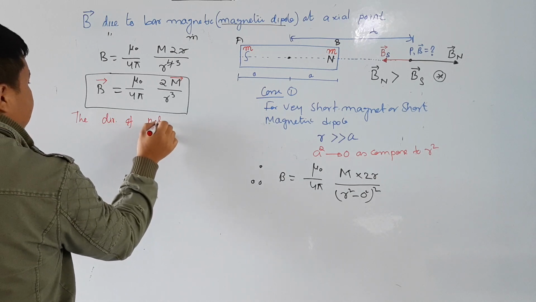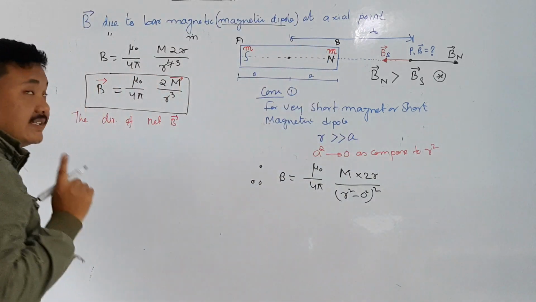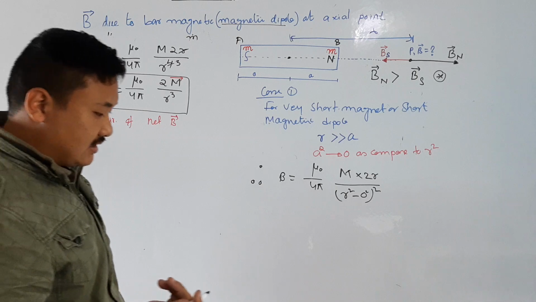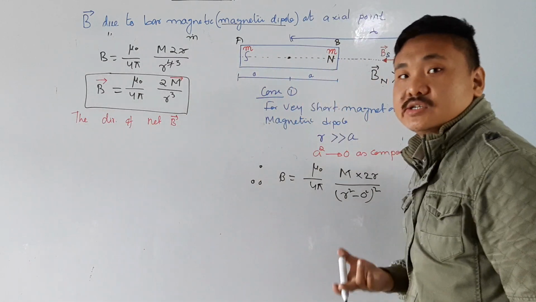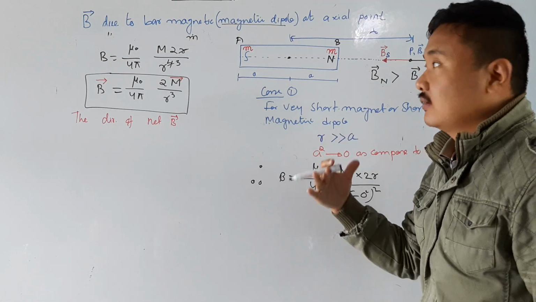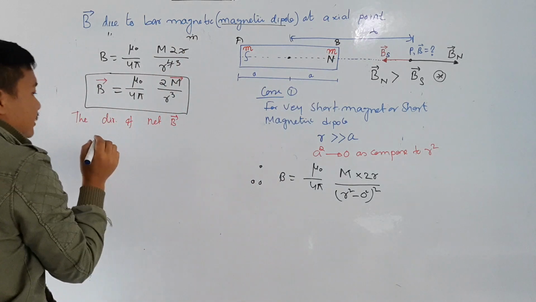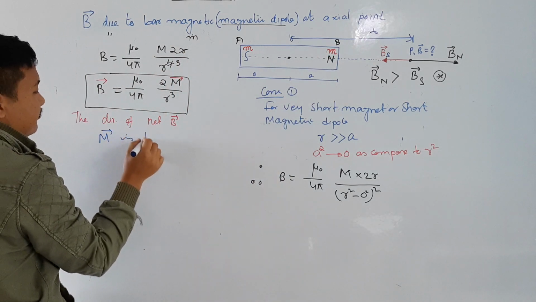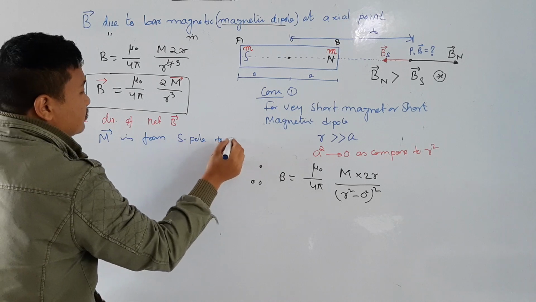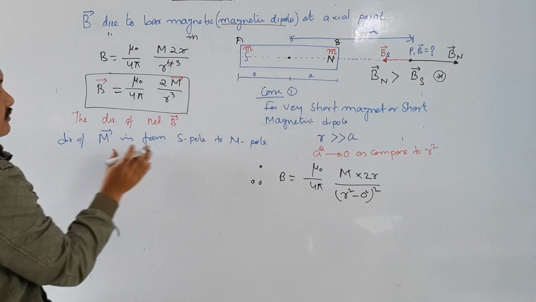You know that the direction of magnetic moment is from south pole to north pole.